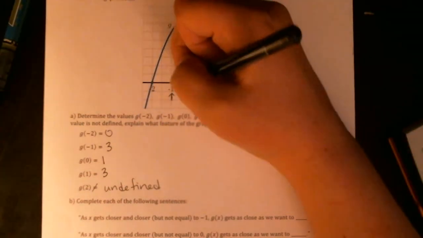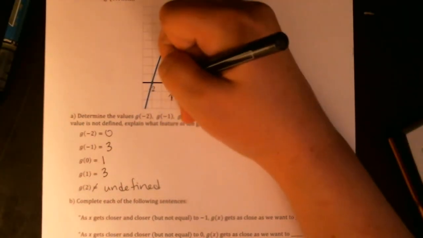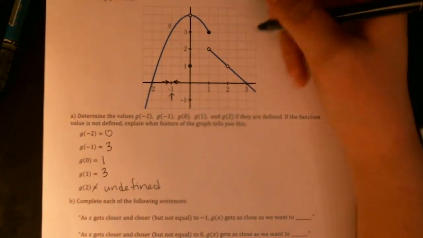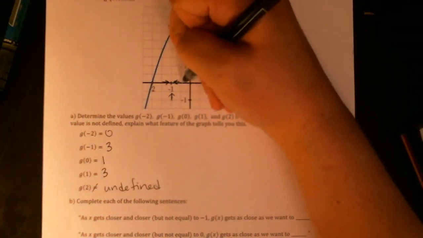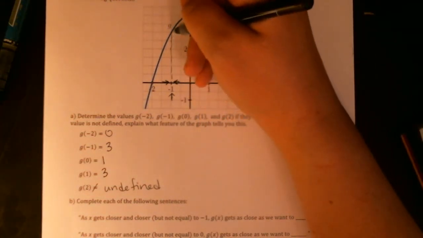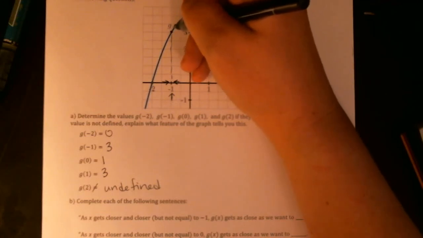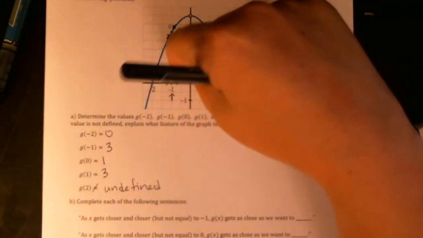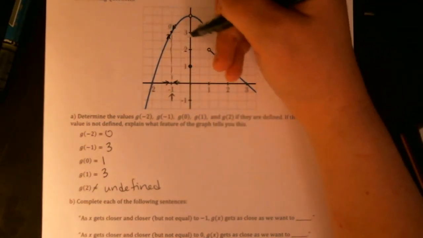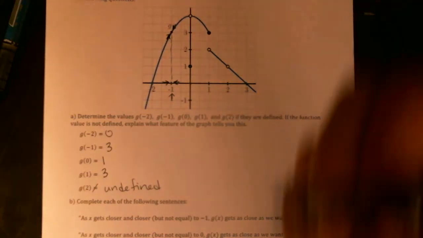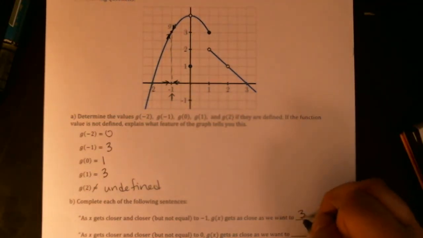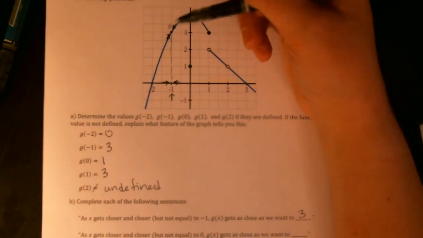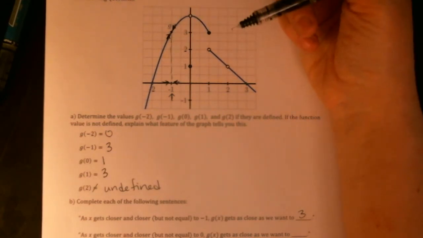So we know that our x's are sneaking in closer and closer, from both sides, to -1, and we want to know what our y value is getting close to. Really what I want to be looking at is that I am on this curve. So as my x's scrunch in towards -1, my y's are getting close to 3. So nothing too crazy going on there. We already said the value of the function is 3, so it makes sense that the y values are getting close to 3.